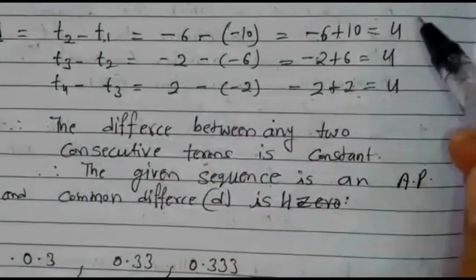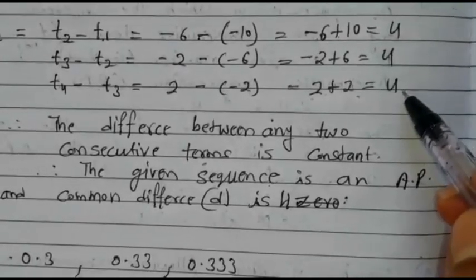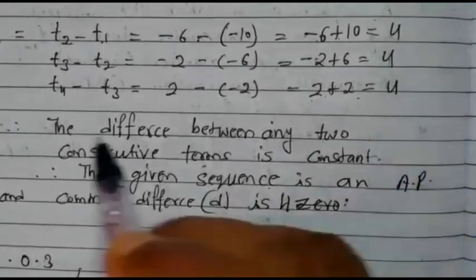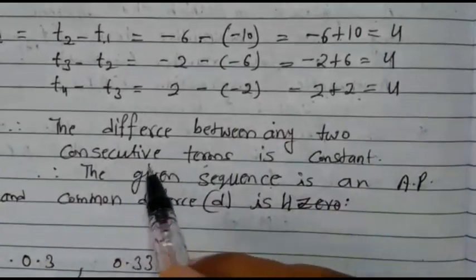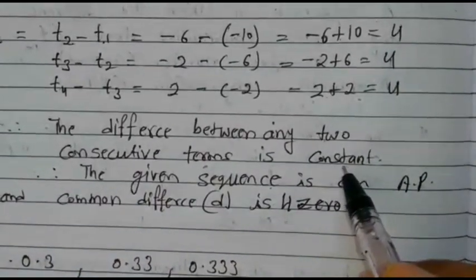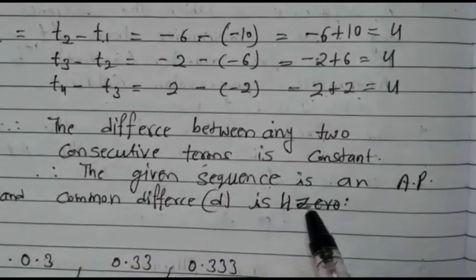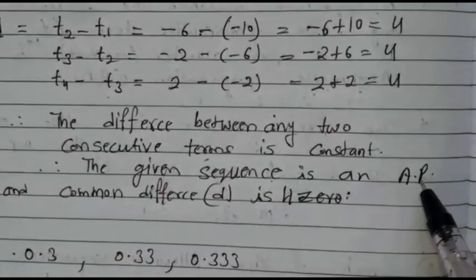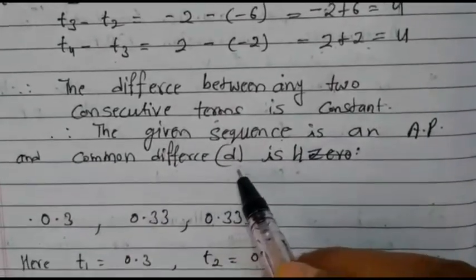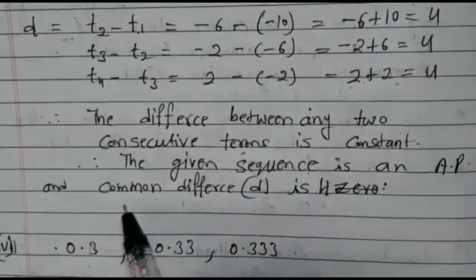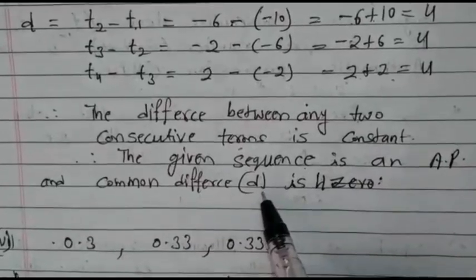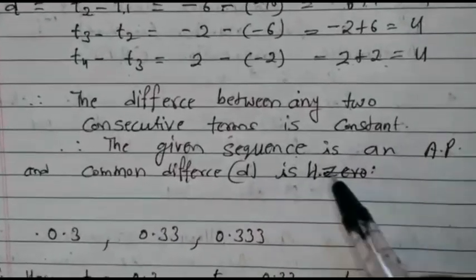All the d values are the same constant. So write down: therefore the difference between any two consecutive terms is a constant. Therefore the given sequence is an AP and the common difference d is 4.